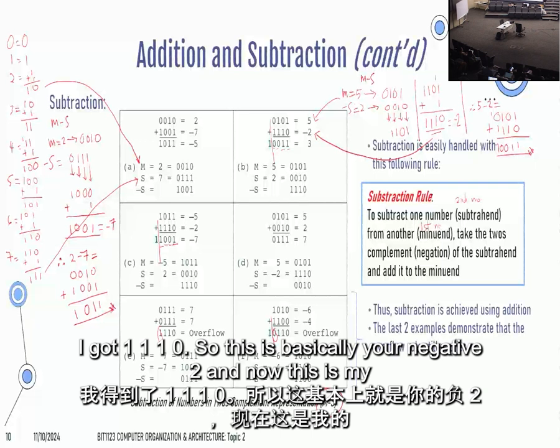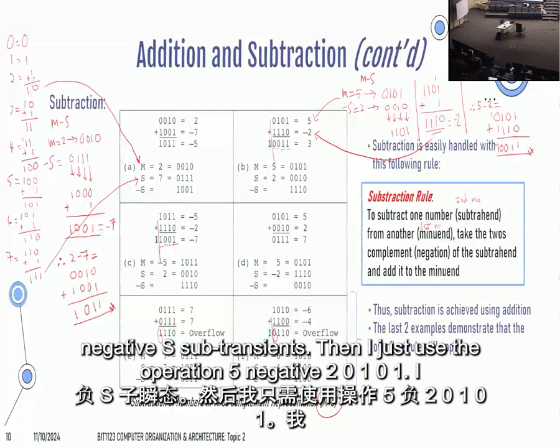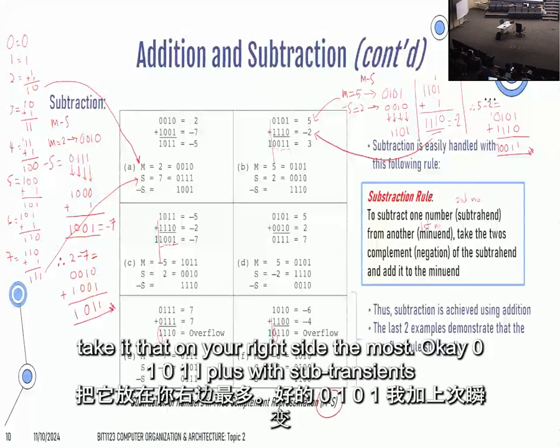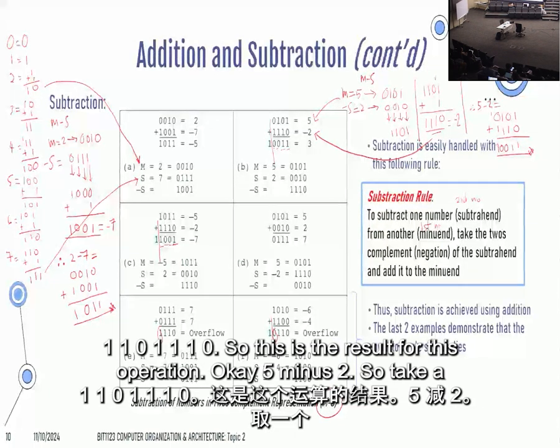This is basically your negative 2, and now this is my negative S, the subtrahend. Then I just use the operation 5, negative 2: 0, 1, 0, 1. I plus with the subtrahend, 1, 1, 1, 0. So this is the result for this operation.